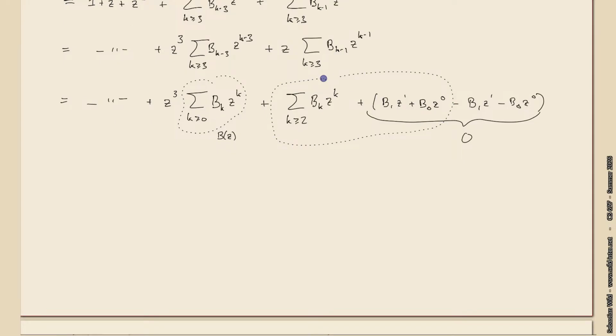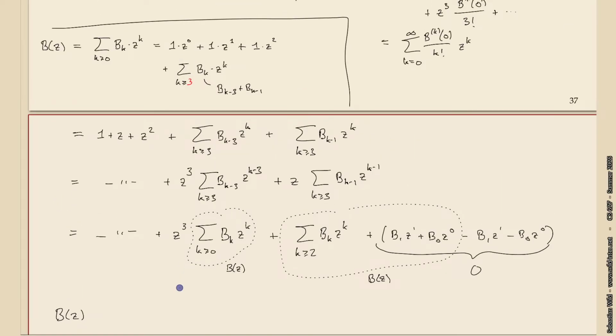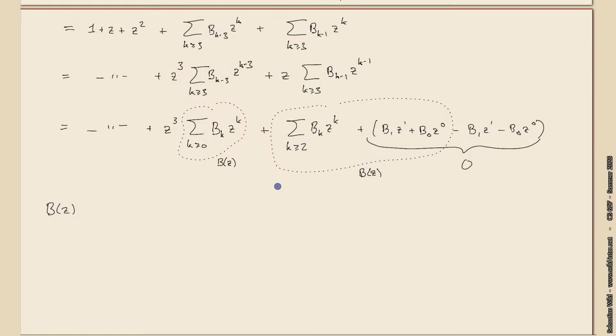These two together are now again a b of z. So what I get is b of z on the left side from up here equals these guys minus these, and this is actually 1, right? This is 1.